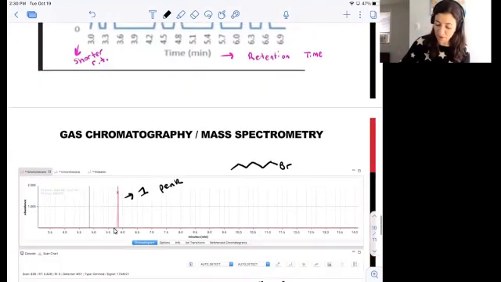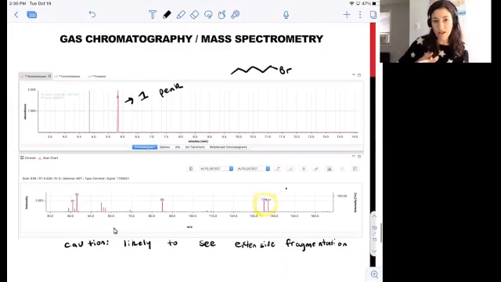In lab, we'll go through an example of how you can open up a gas chromatogram with multiple peaks and let the software tell you what the relative area is under each of those peaks. That will allow you to give me a pretty good quantitation of the products that are made during this reaction.